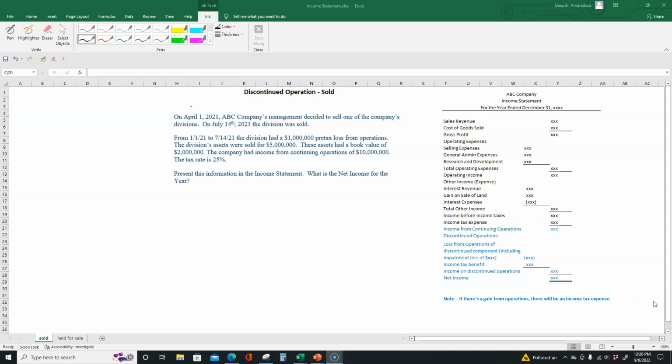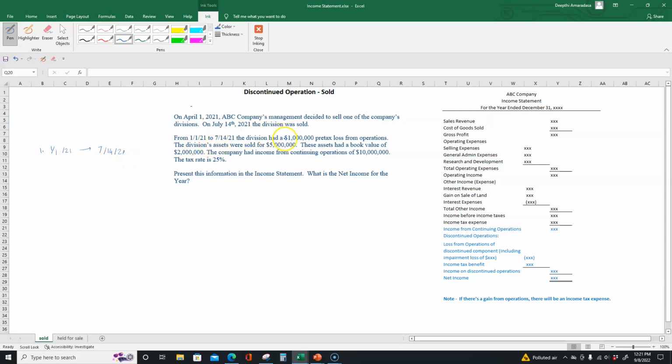First, let's work on the calculations necessary to report the discontinued operation. We know that we have to report two things. First, we need to report all the revenues, expenses, gains, and losses from January 1st of 2021 until the date of sale, which is 7/14/21.